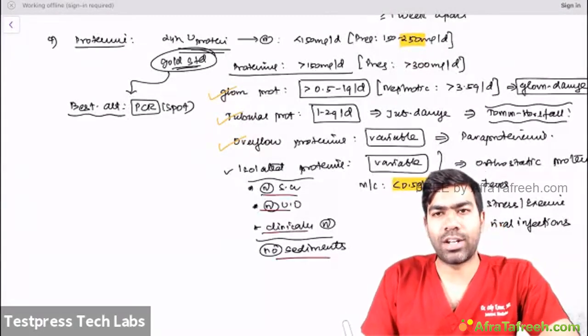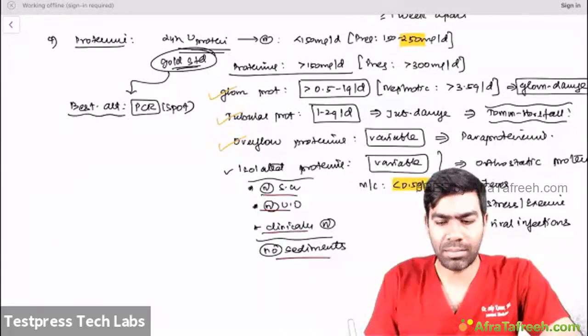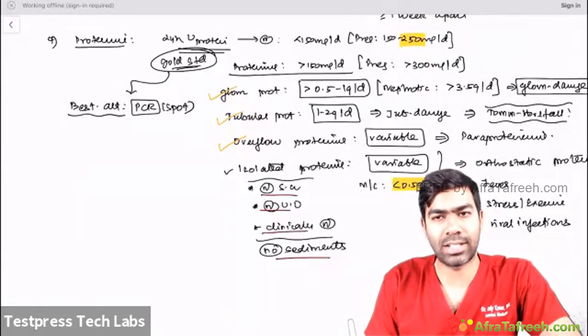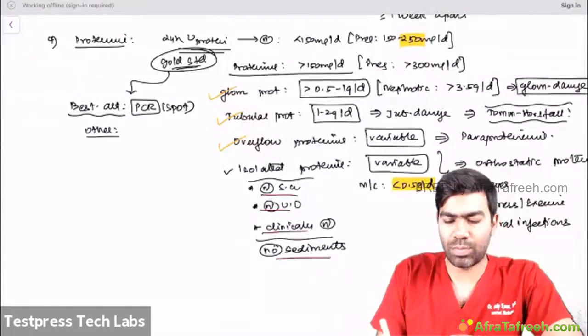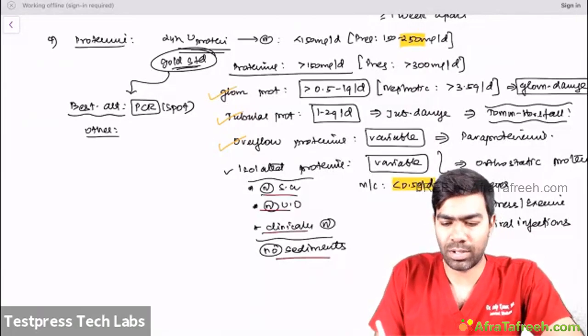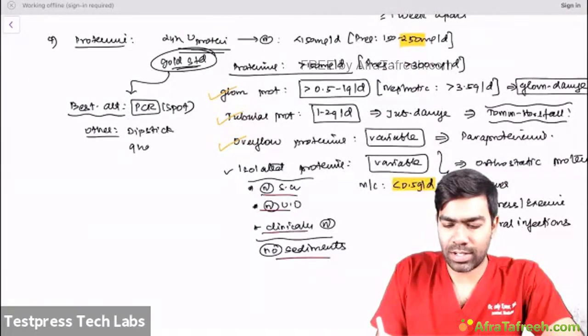This protein creatinine ratio will be excellent. Usually it is given in milligram per gram, and it is one of the best alternatives and a surrogate marker for 24-hour urinary protein. But there are other ways to measure urinary protein as well. For example, the dipstick protein is there. Dipstick quantification is there, but this is a very weak marker of proteinuria.